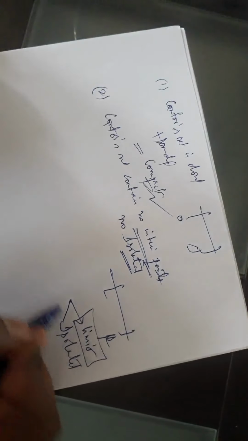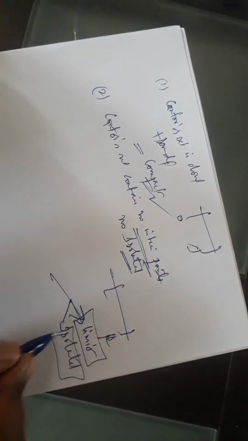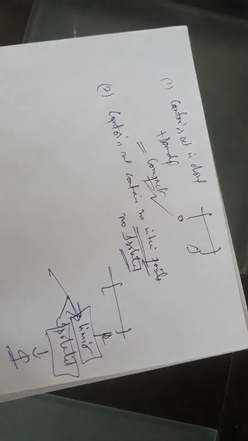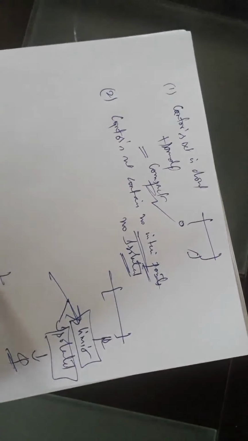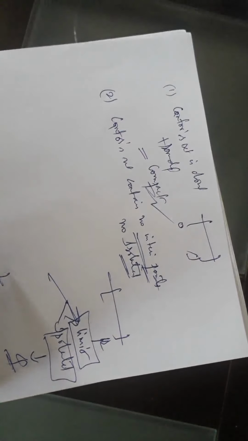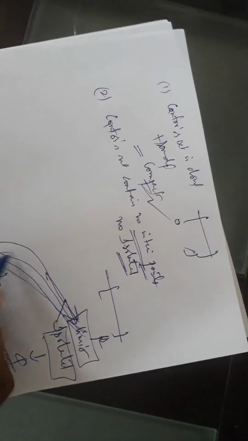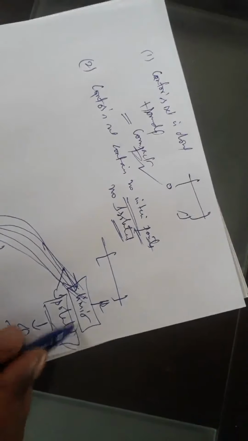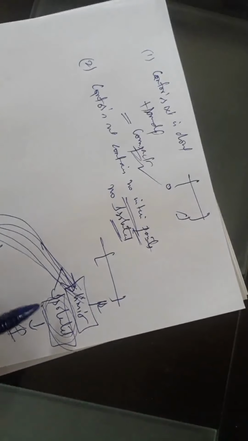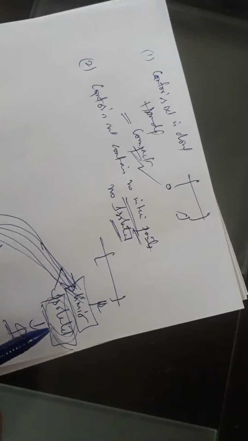If every point is falling into the first basket, then obviously the other basket is empty. That means it contains no isolated points, because in the Cantor set every point is a limit point.